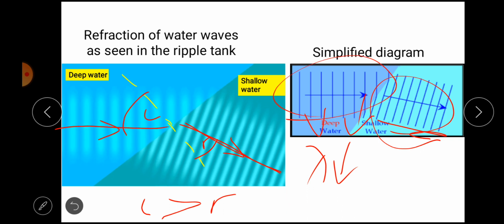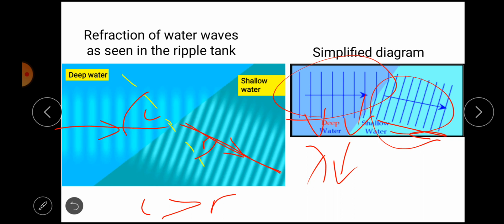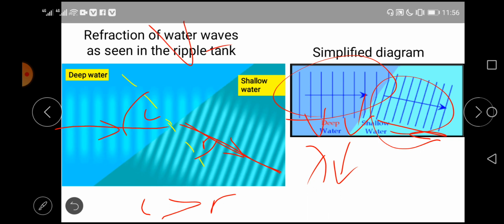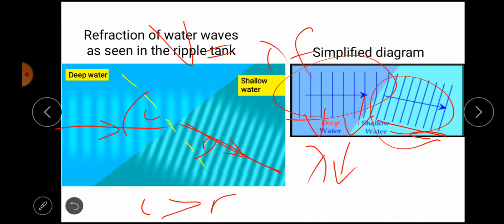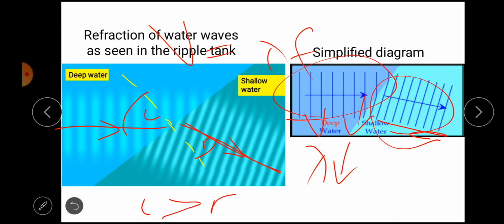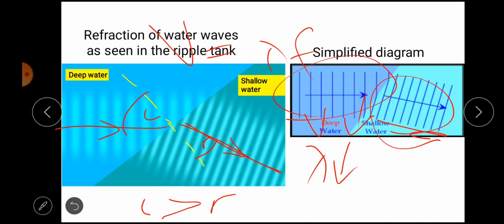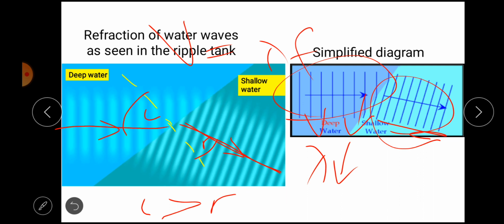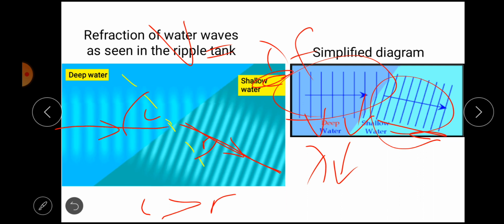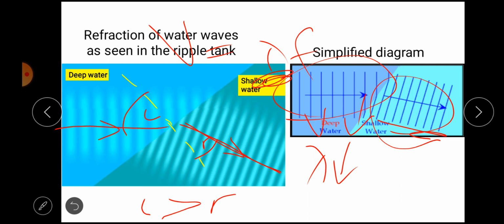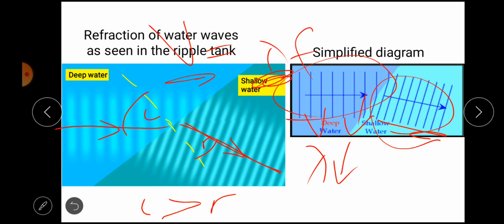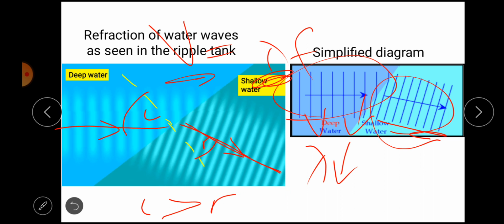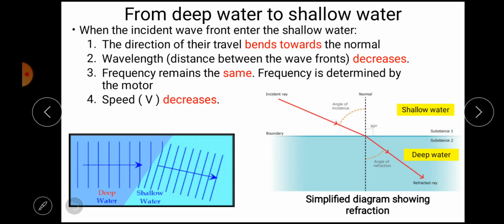The reason speed decreases is because speed is affected by wavelength and frequency. Here the frequency has not changed because the frequency is determined by the motor. So the frequency doesn't change. But if the wavelength has reduced, it means the speed is also going to reduce from deep water to shallow water.